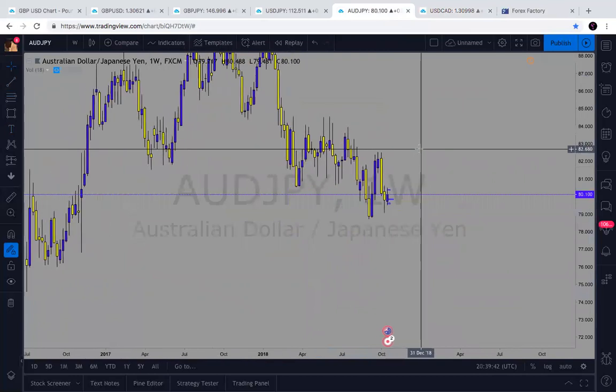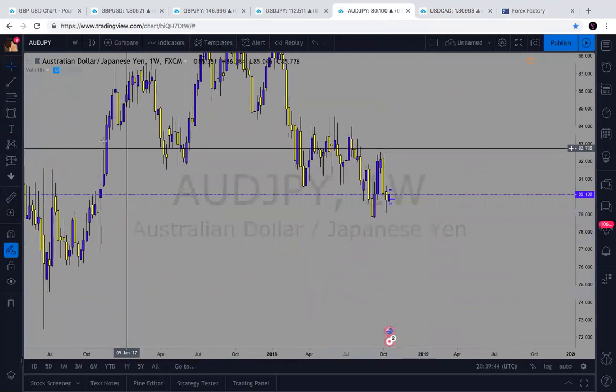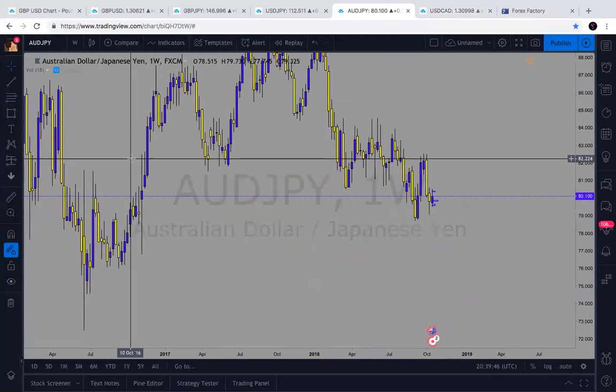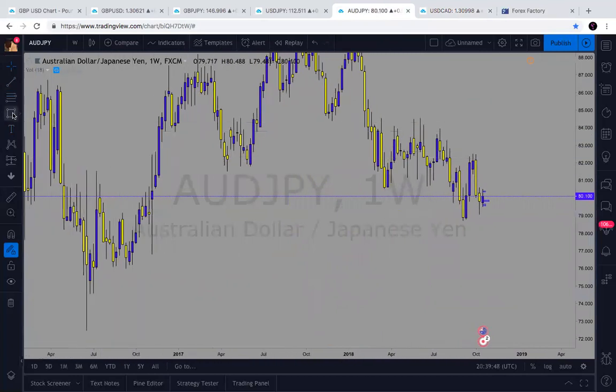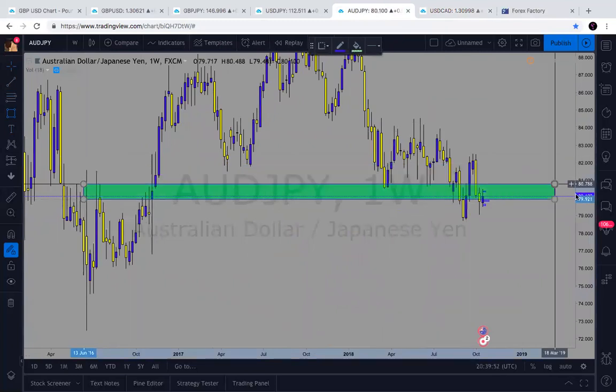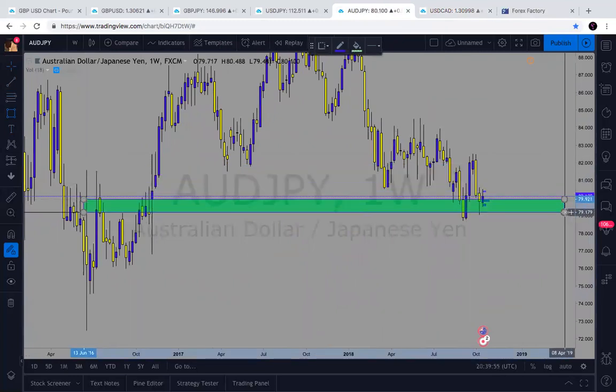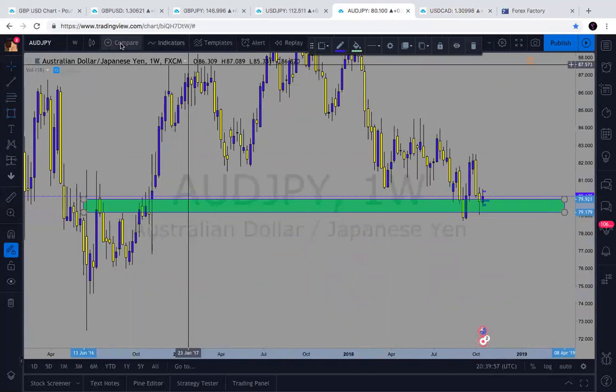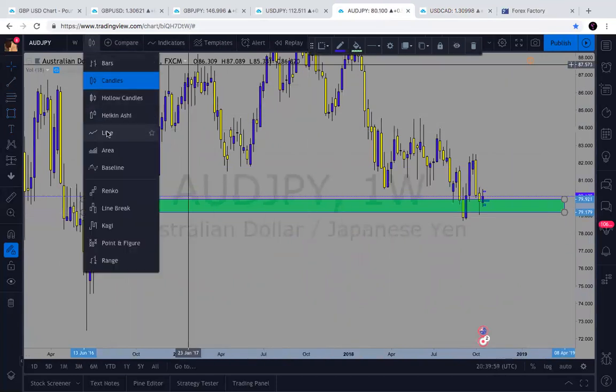Aussie Yen, hello. How are you, my friend? Doing well, thank you. What do we have here? Well, it looks like we've got ourselves a bit of a W pattern. Check it out on the line chart.